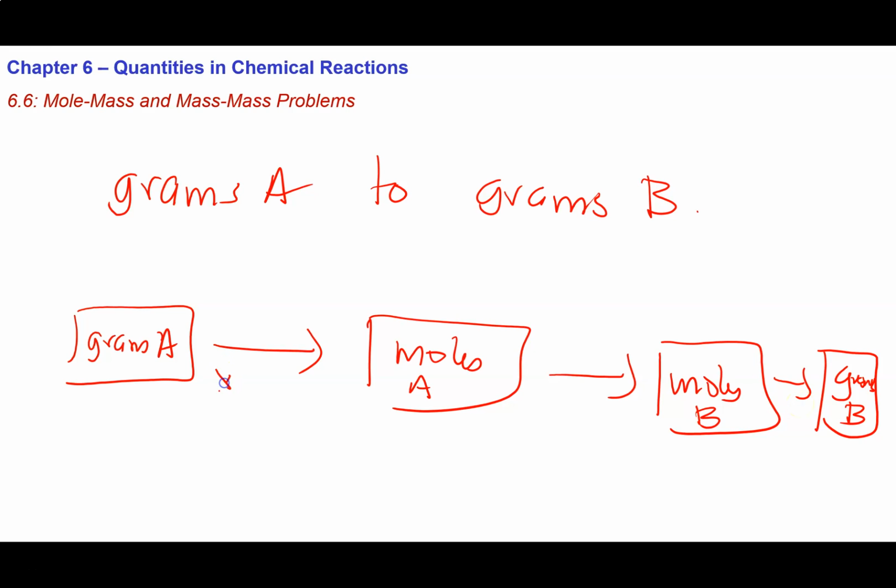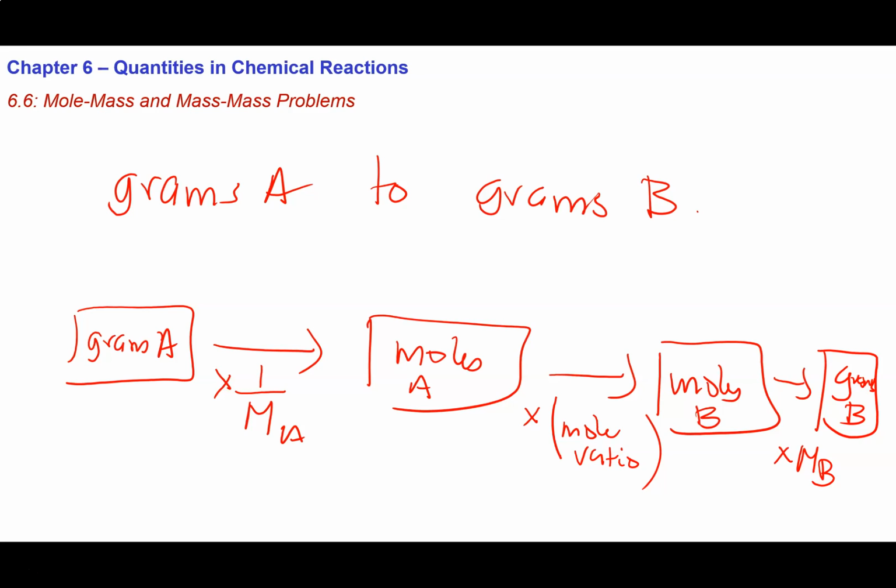To do this, we'll multiply by 1 on the molar mass of our first substance, then multiply by the appropriate mole ratio, and then finally multiply by our molar mass of our second substance. So it always has the same 3 sets of conversion factors, so it's pretty straightforward once you get it dialed in.